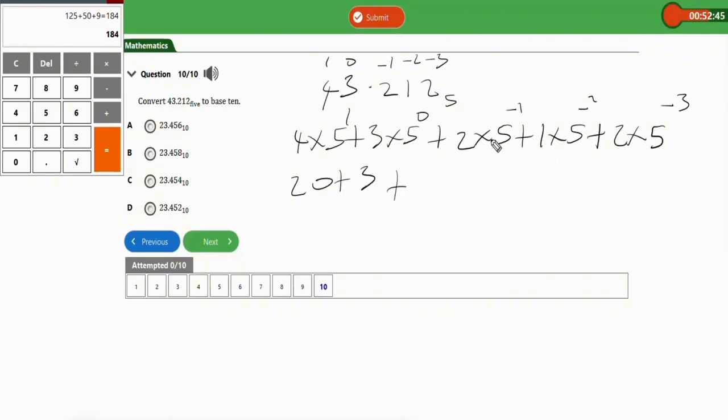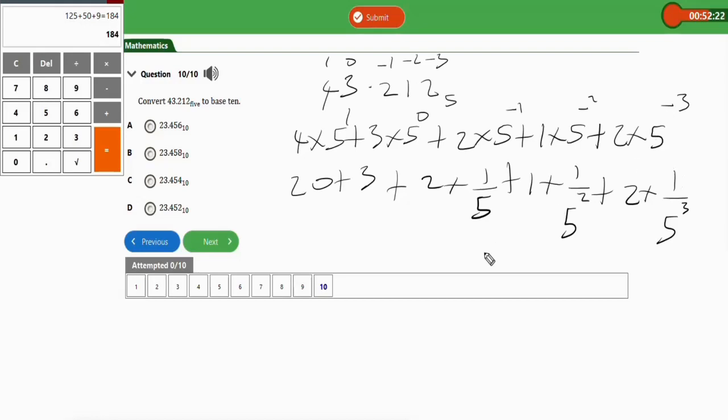Alright. So at this juncture, this is law of indices. So this is going to give us 2 times 1 over 5 plus 1 times 1 over 5 square plus 2 times 1 over 5 cube.